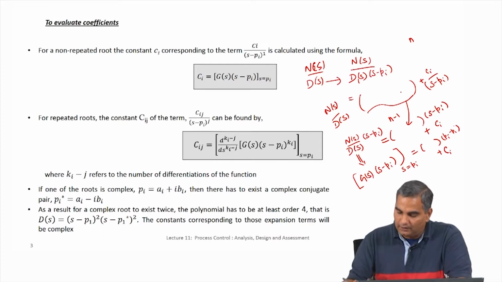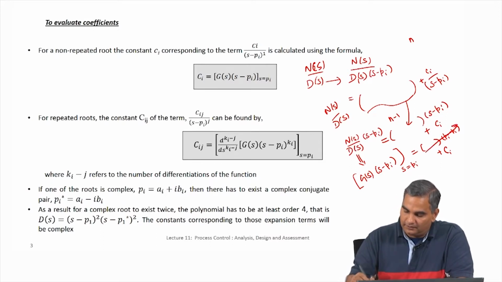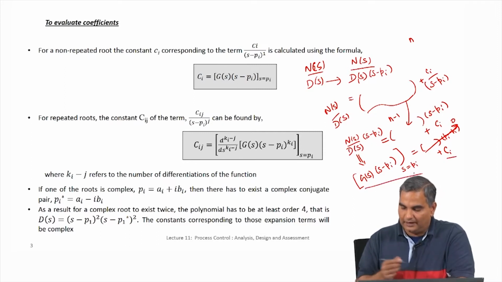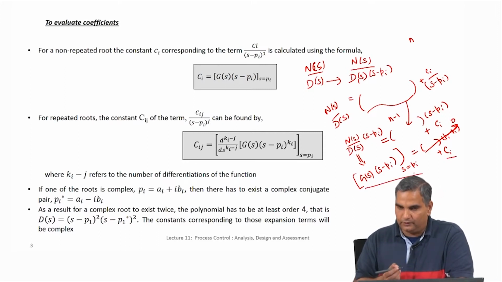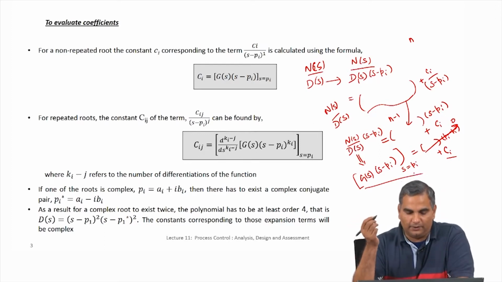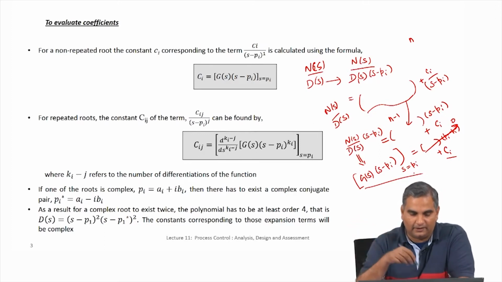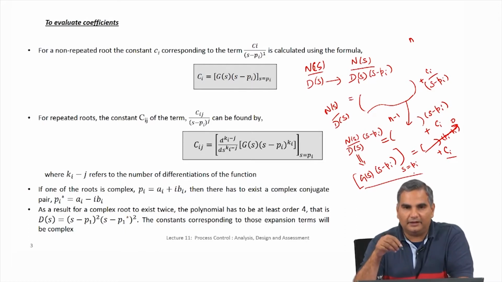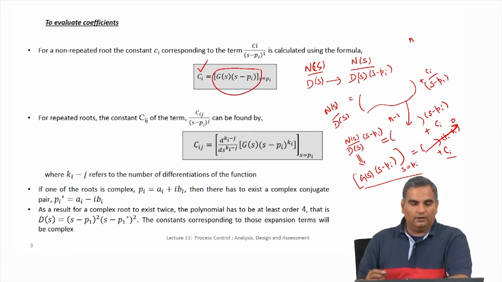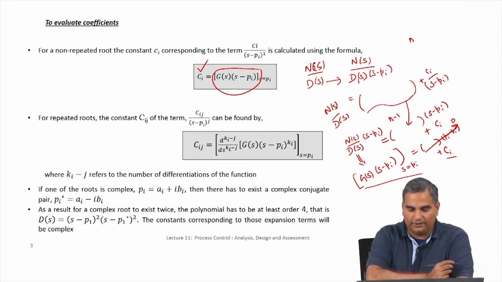Now, this term will go to 0, then you will get that Ci is simply this. So, if I have a non-repeated root, I do not need to do anything at all. To get the corresponding Ci for the non-repeated root, I take the N(s) by D(s) or the g(s) function and I multiply that by s minus pi and then set s equal to pi and evaluate this, and this will give me Ci. So, this is for a non-repeated root.